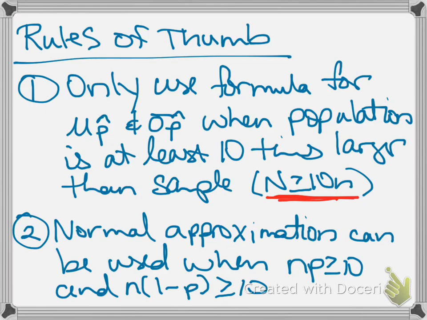So again, this is exactly the same rules we saw in Chapter 8. We can only use that normal approximation to apply to the sampling distribution for P hat when n times P is greater than or equal to 10. Again, n is our number of samples, P is our population proportion. So n times P has to be greater than or equal to 10, and n times 1 minus P has to be greater than or equal to 10.